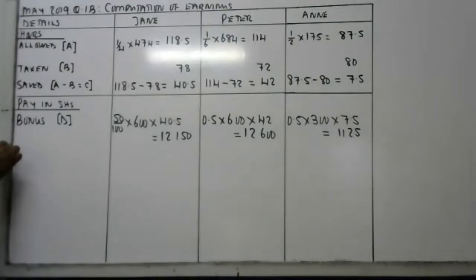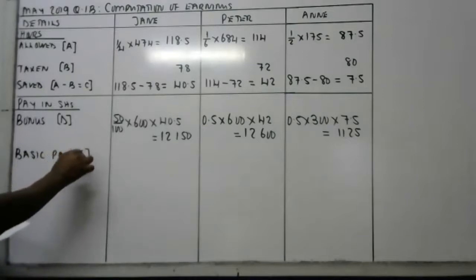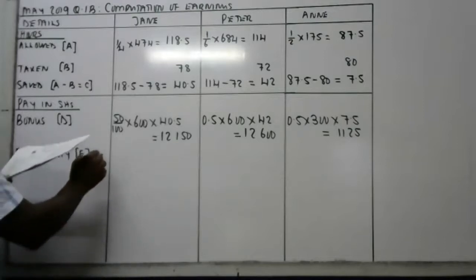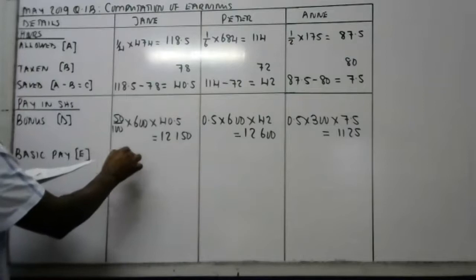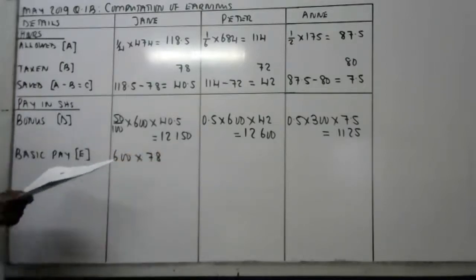Let us now compute something else called basic pay, and we call it E. For the basic pay, you take the basic rate, 600, and multiply by the time taken.